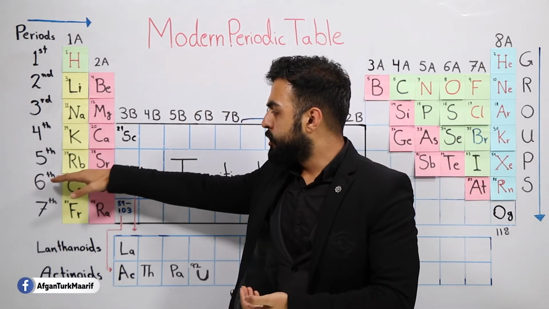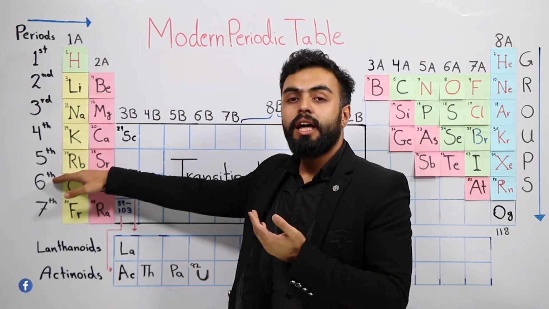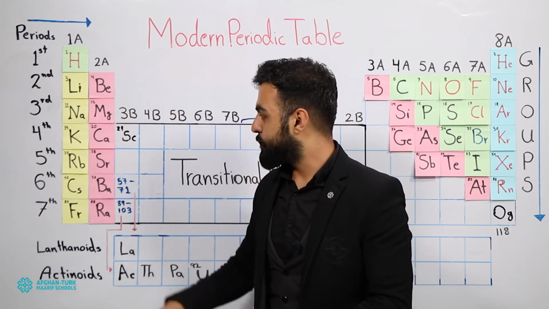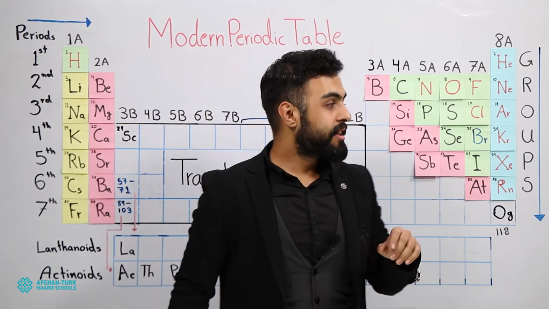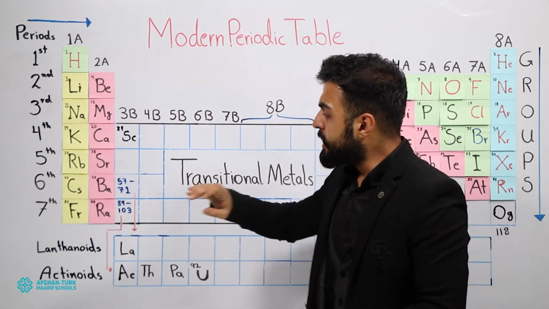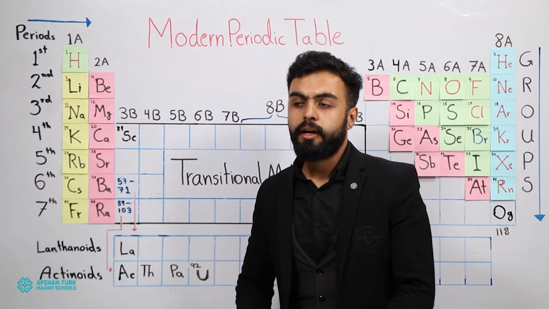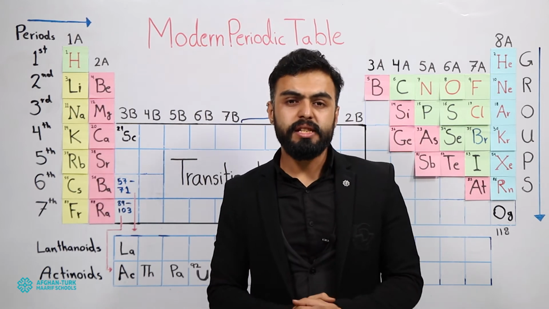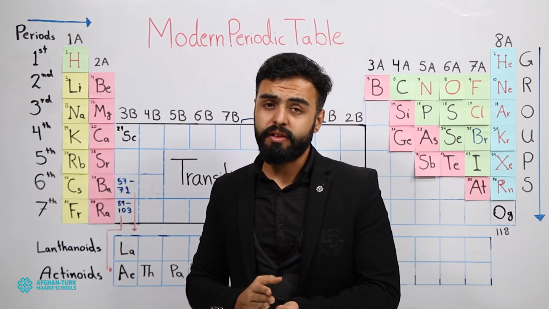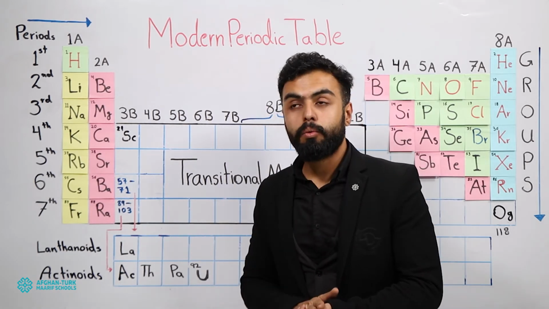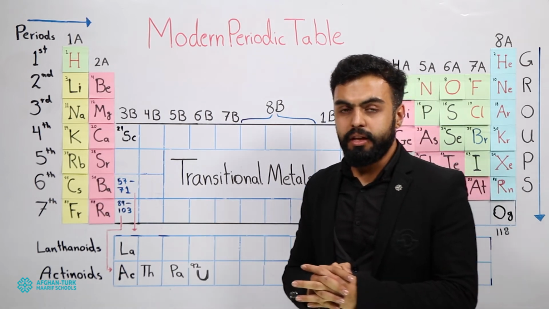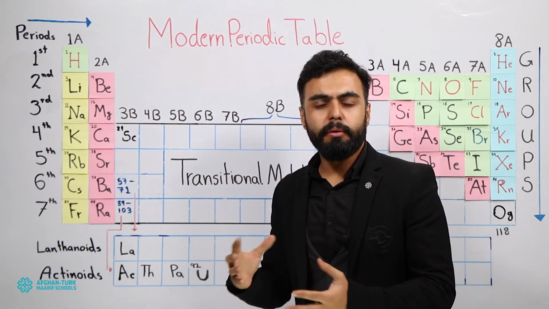The next one, the 5th, is also a long period because it also has about 18 elements. It starts with rubidium and ends with xenon. The 6th period, for many years, was the longest period of the table. Why? Because the table was not completed, but in a few years the scientists completed the table.